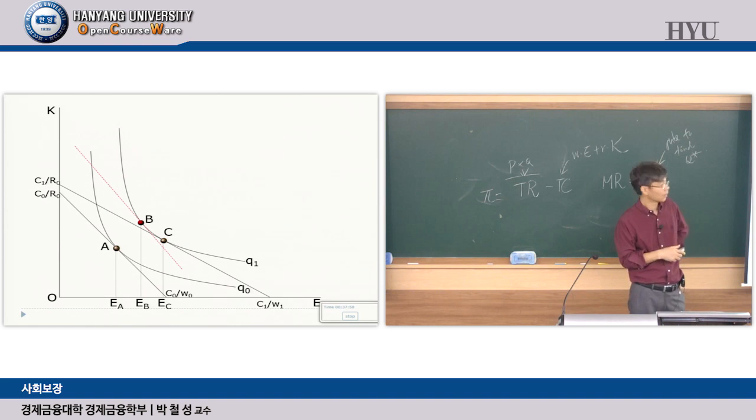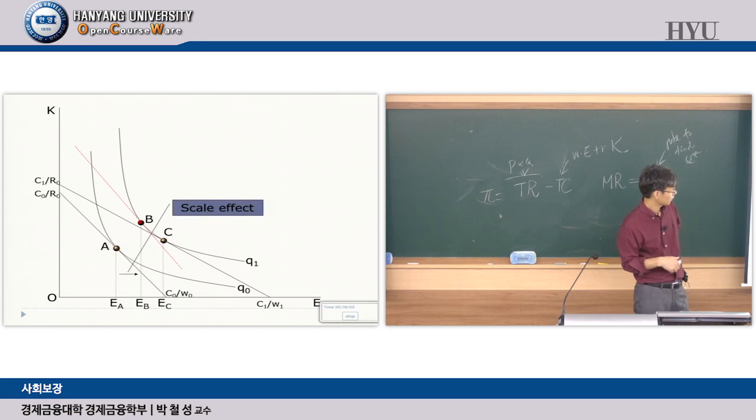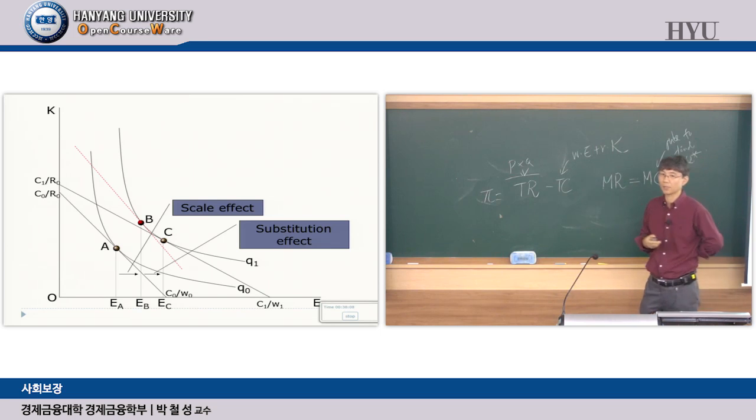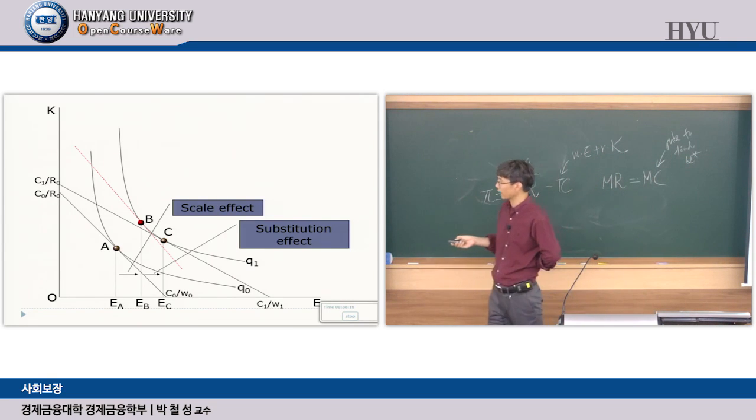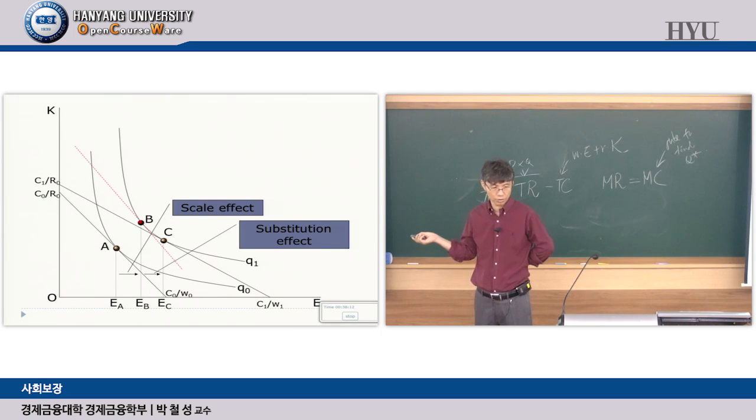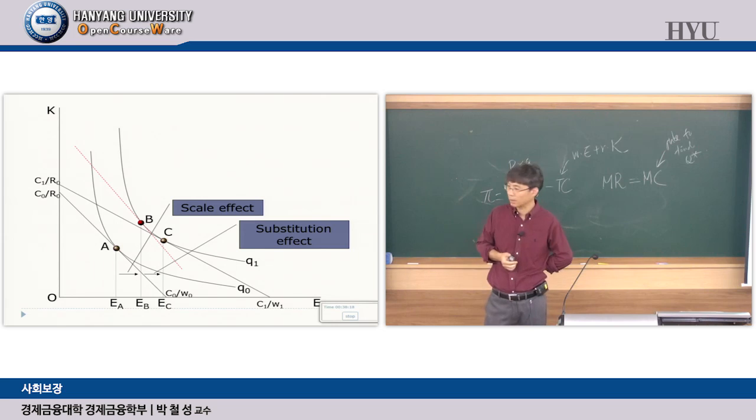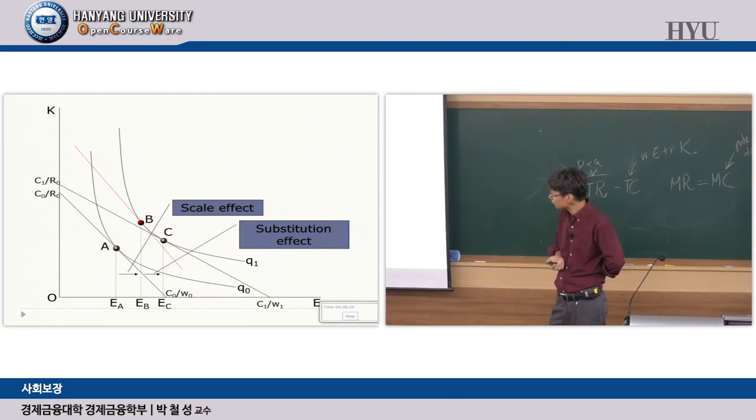That's going to be point B, if that happened. So A to B is what effect? Scale effect. And B to C is the substitution effect. As you see, the scale and substitution effects go in the same direction. By the scale effect, they produce more. By the substitution effect, they produce even more.